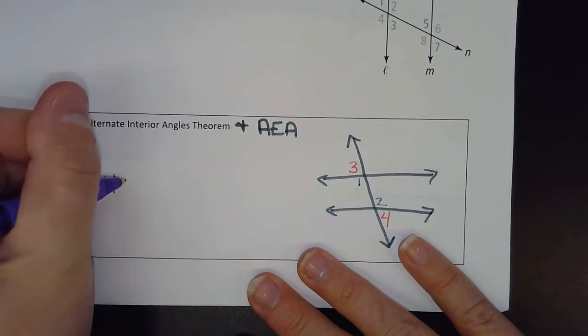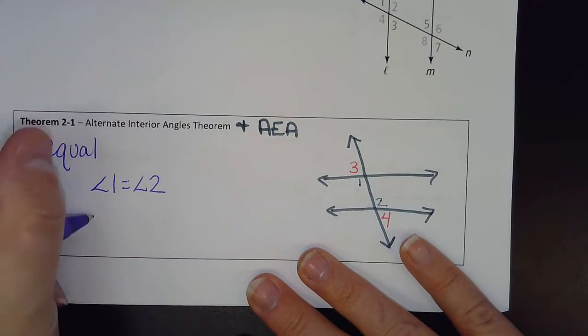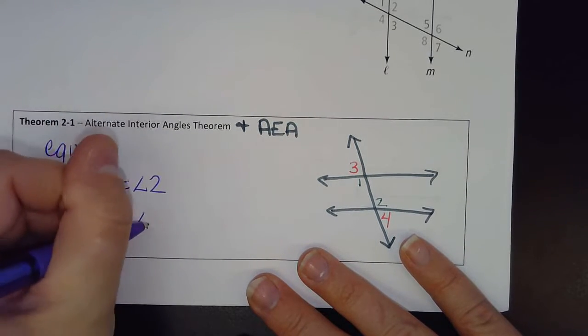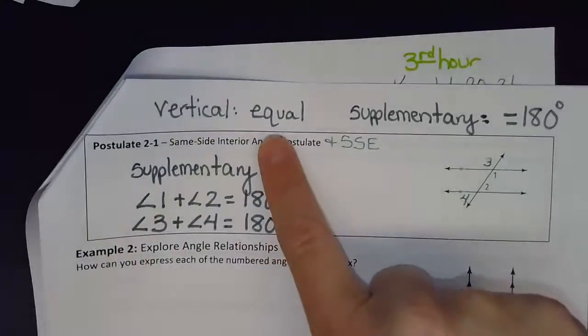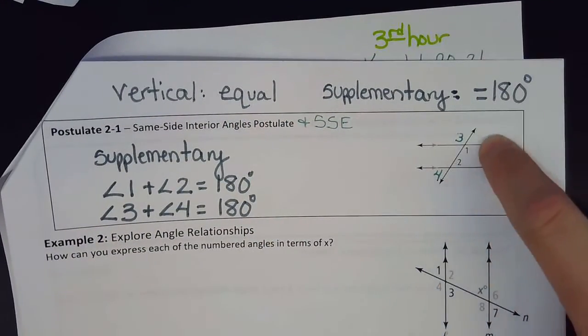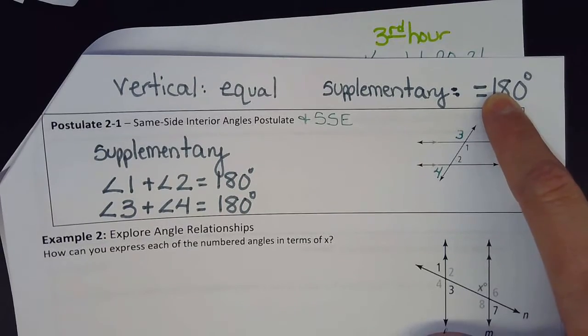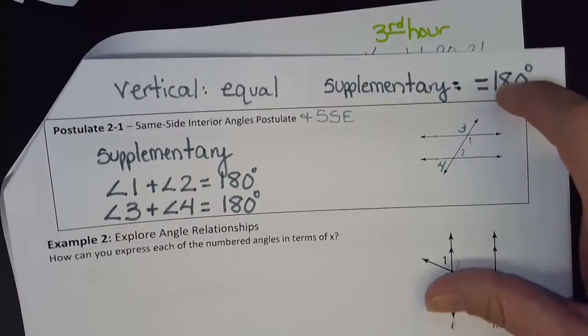So angle 1 equals angle 2, and angle 3 equals angle 4. So same side interiors are supplementary, same side exteriors are supplementary, alternate interiors are equal, alternate exteriors are equal. We also know that vertical angles are equal, and if there are two angles that are right next to each other along the same line, they add up to 180.